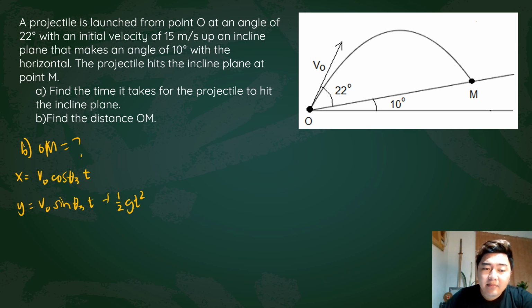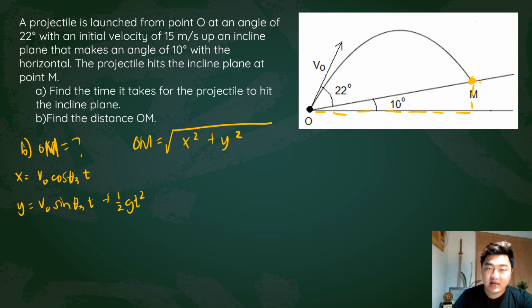Now, since we have your x and y components, we can actually solve it using the Pythagorean theorem, where OM is equal to the square root of x squared plus y squared.